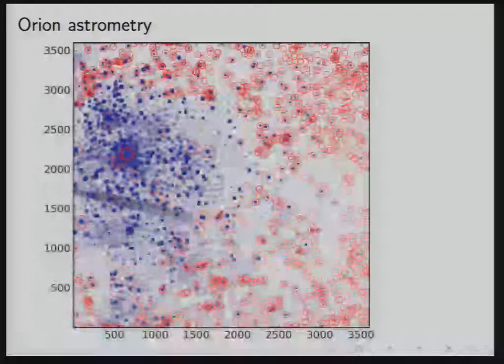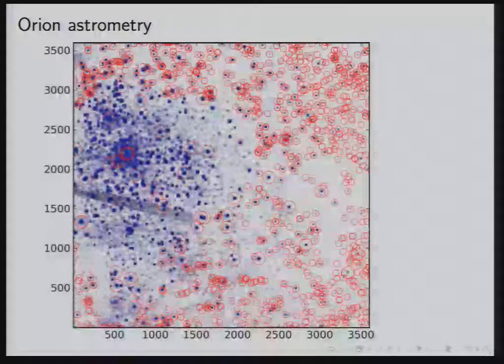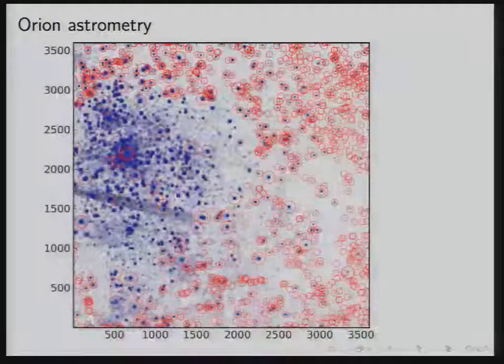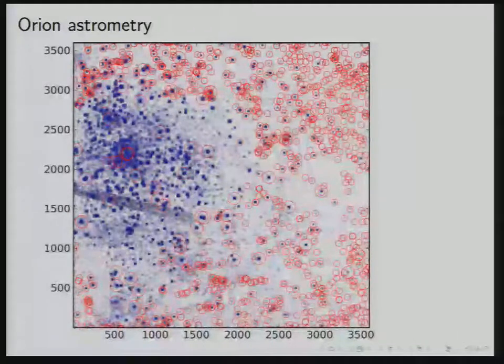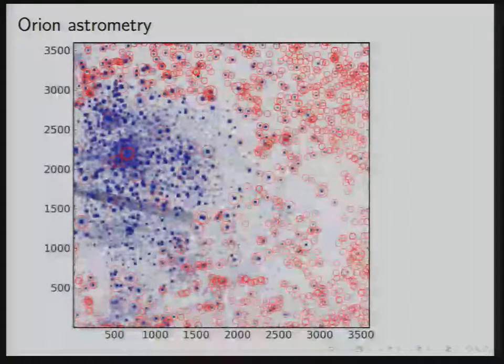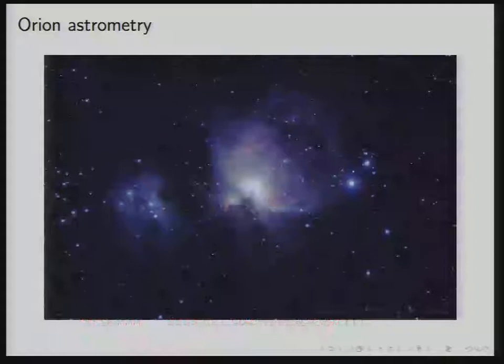The big circles are from a very, very carefully made, handmade catalog, and the little circles are from a robot-generated catalog. But these are the state-of-the-art catalogs. Now, the robot-generated catalog deliberately fails here, because in Orion, there's all this nebulosity.